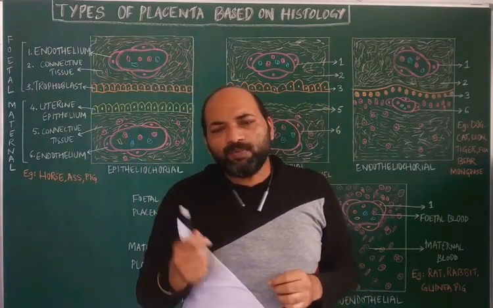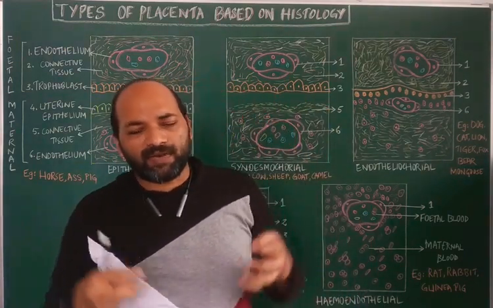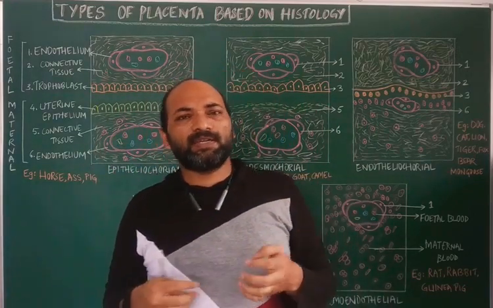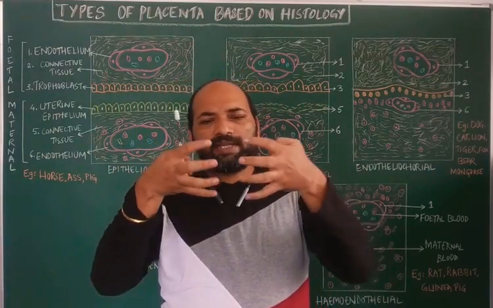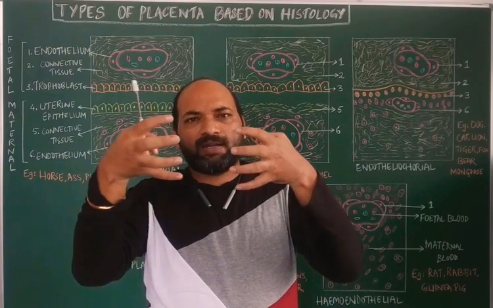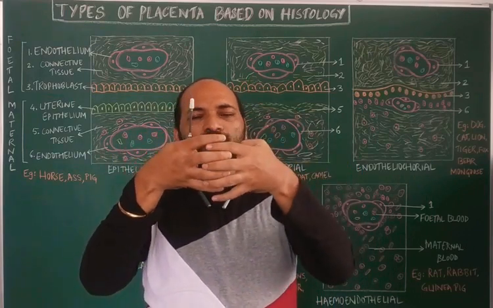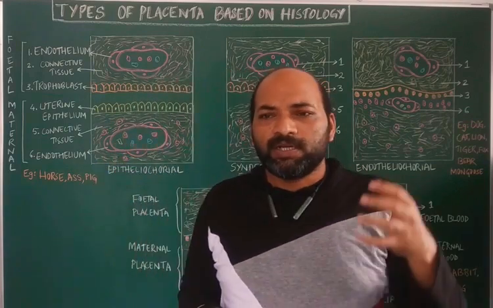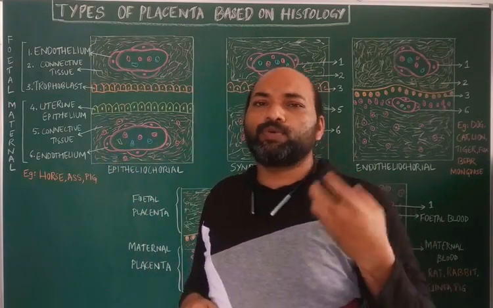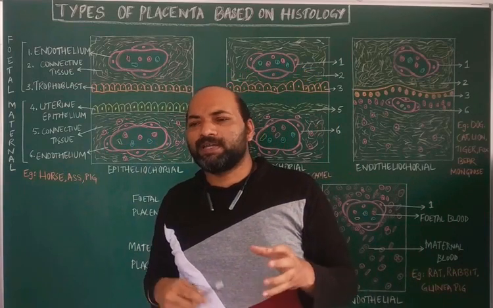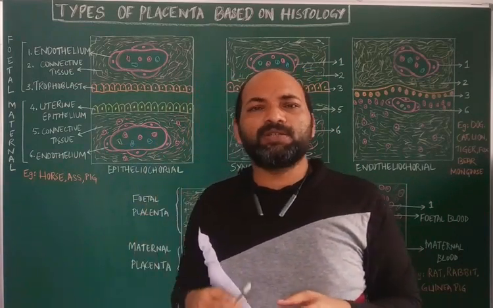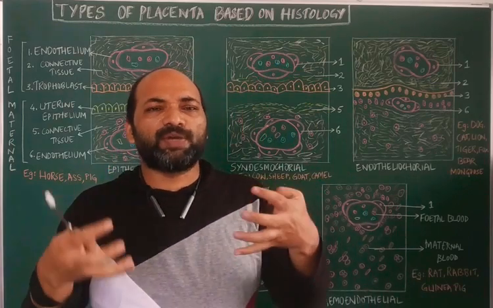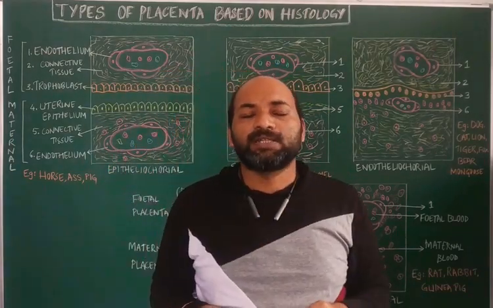And one more possible reason why they are not tightly attached is that this intimacy is not there, because it may be to check or prevent the entry of either blood proteins or germs or pathogens into the fetal circulation.